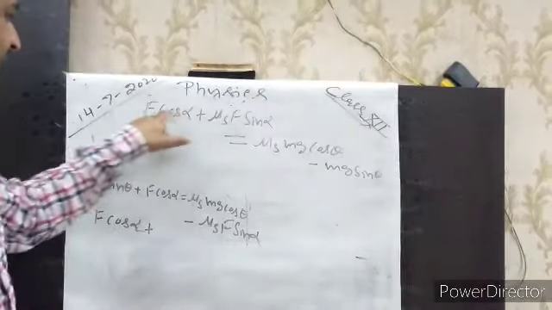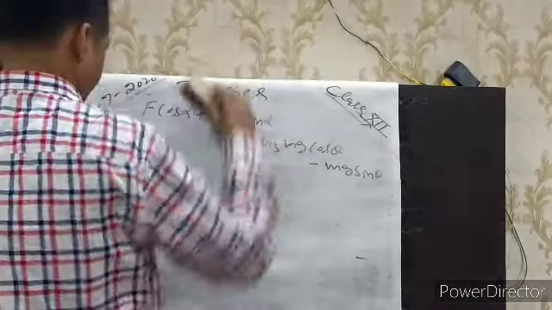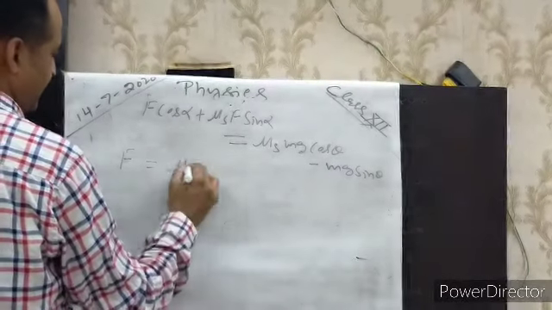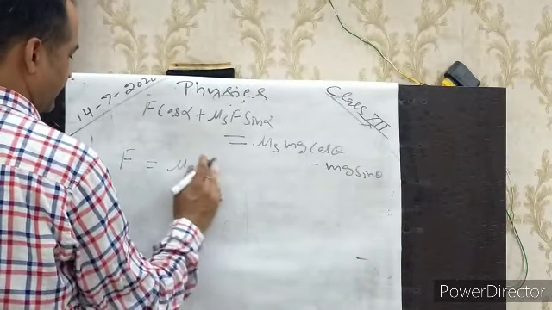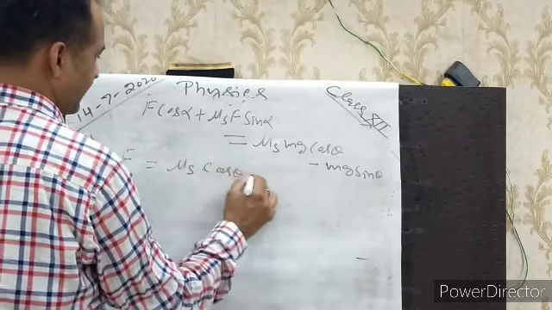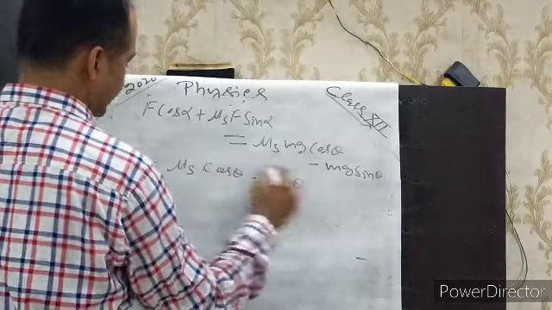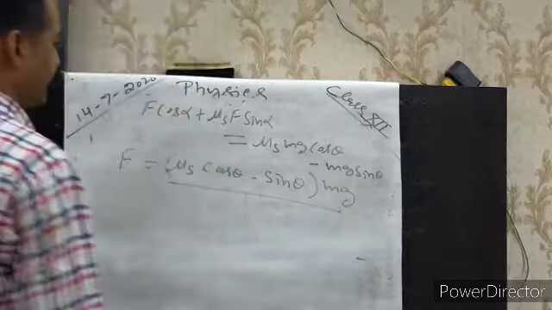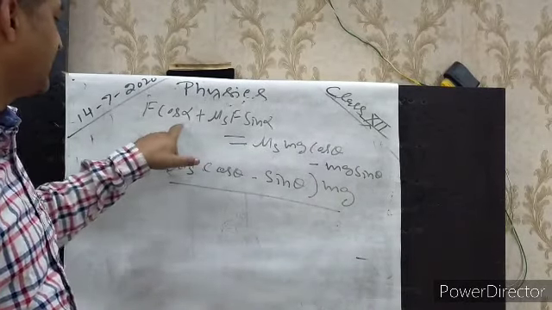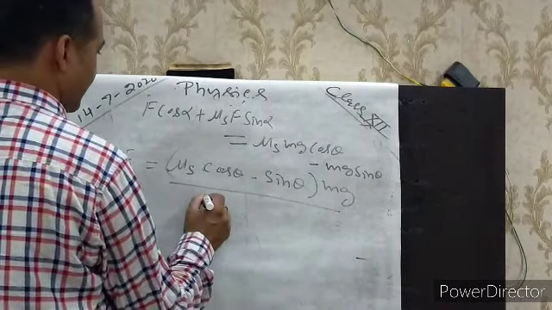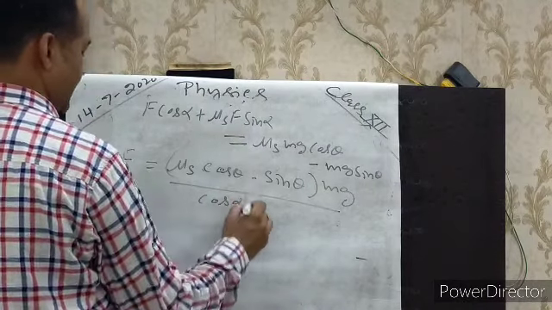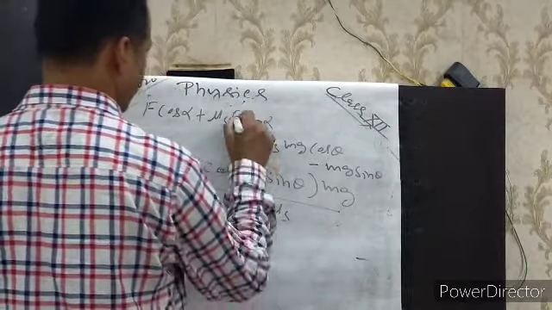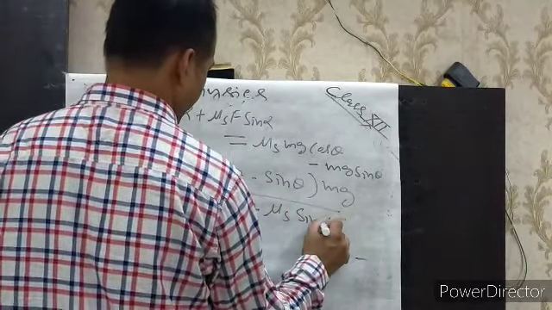Now what is our aim? To find capital F. Take F common from here. So capital F is equal to mg common, mu s cos theta minus sin theta, upon, when you take F common, cos alpha plus mu s sin alpha.